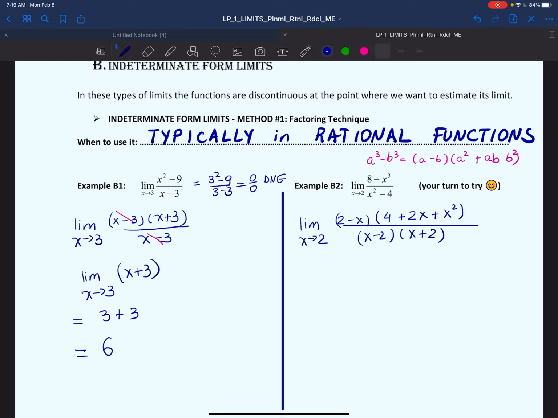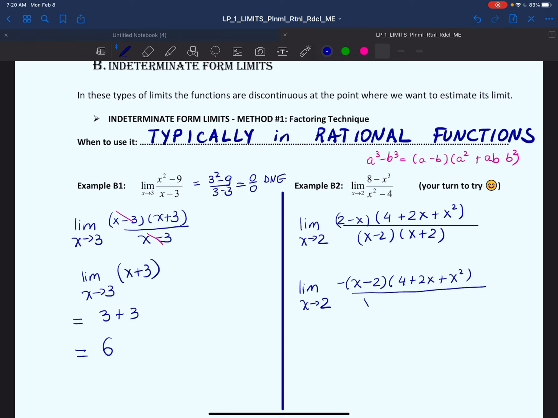So I'm going to show the steps in here, but it's something that you can do in one step. So I'll show you what step we can cut out. So 2 minus x can also be written as negative x minus 2. So I'll check and see. Negative x plus 2, right? Or 2 minus x. And then 4 plus 2x plus x squared.